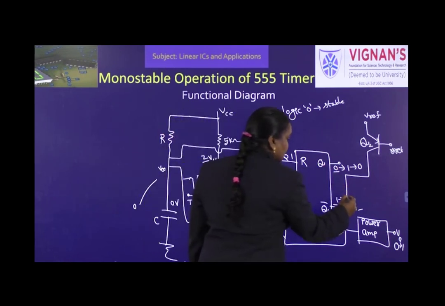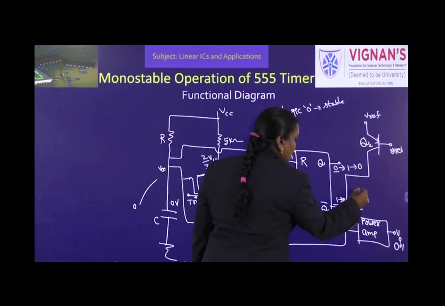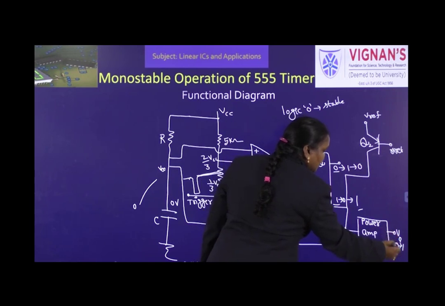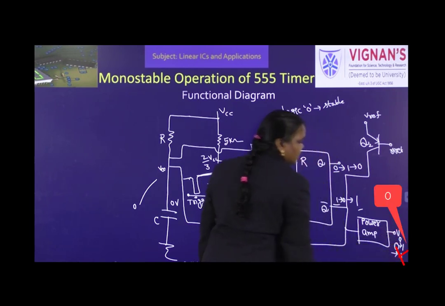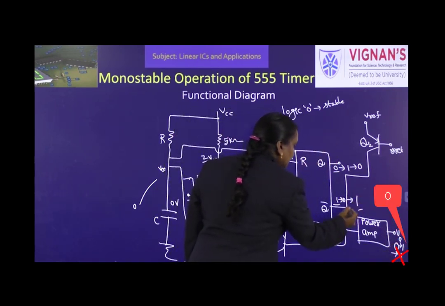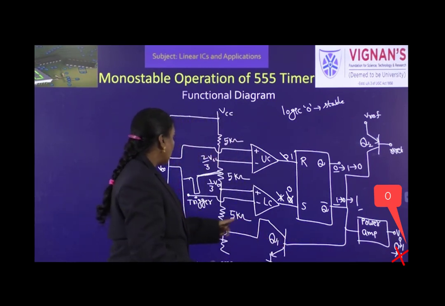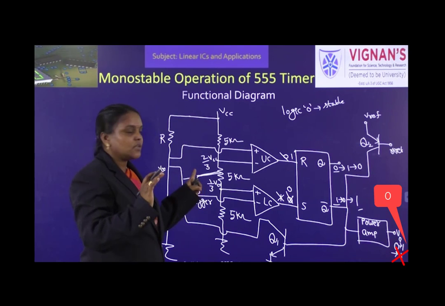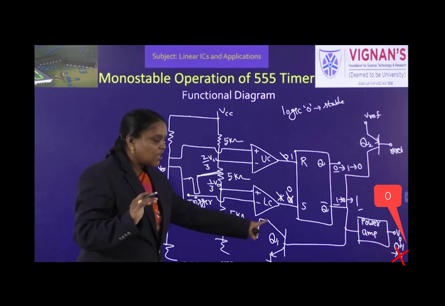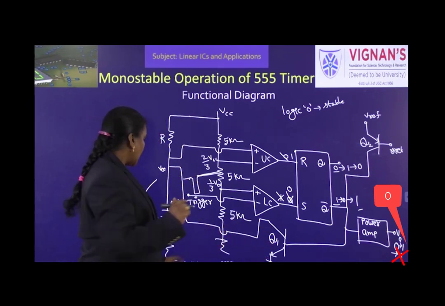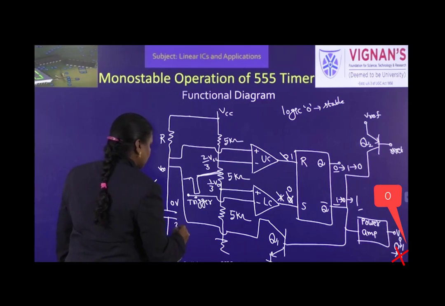So Q is 0 means Q bar becomes 1, and that one we are giving to the inverter. So the output becomes 1. And now this one is given to this transistor, means Q1 will be on, and now the capacitor stops charging and immediately discharges through this Q1. And now the capacitor voltage becomes 0.